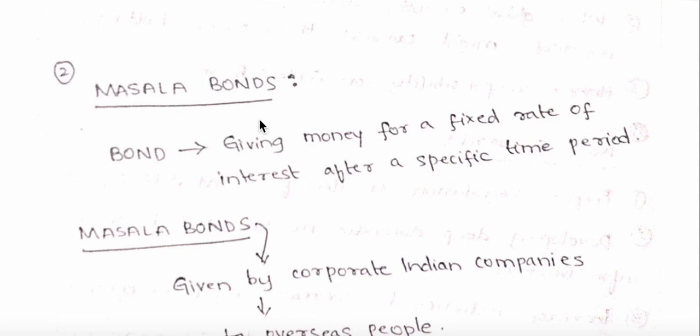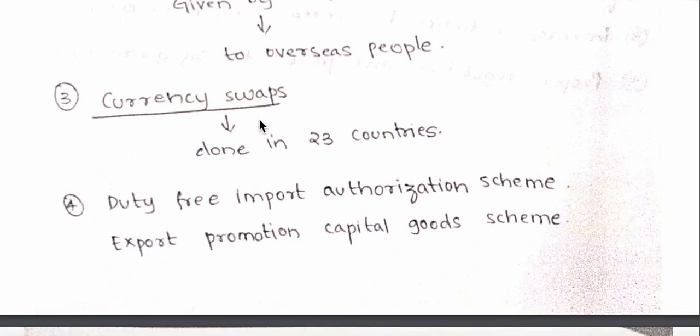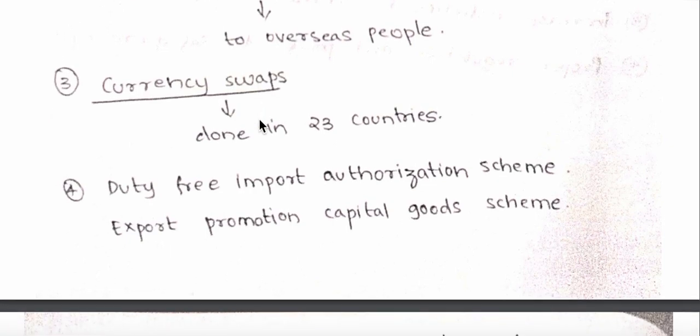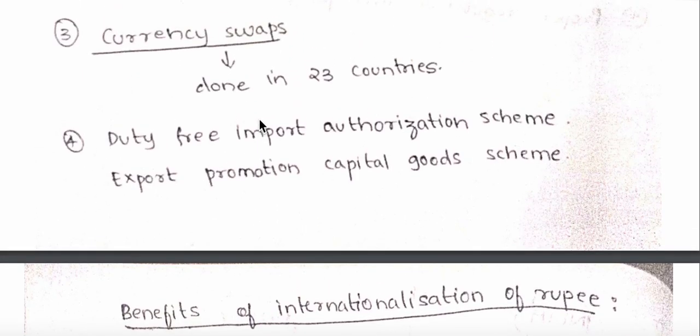India has also introduced currency swaps with 23 countries, and started making trade settlements in rupees through special Vostro accounts by lending Indian currency at low interest rates, etc. Some changes are also made by India in foreign trade policy, allowing rupees as currency in international trade.